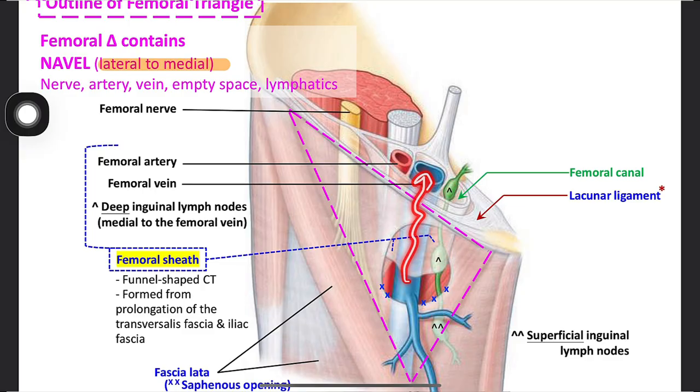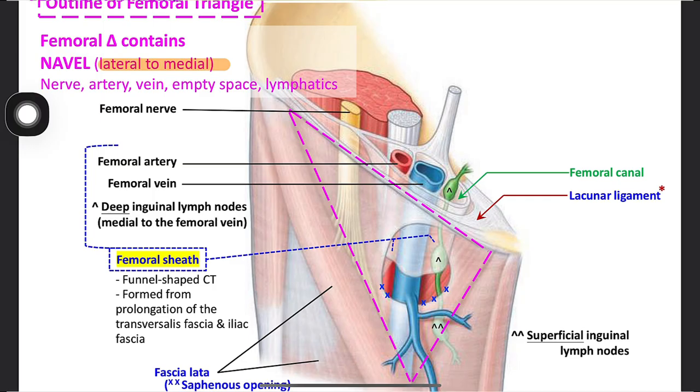Can you see that? I use the dotted line here to show you the femoral sheath, and within the sheath we have the artery, vein, and also the deep inguinal lymph nodes. They are all encircled by the femoral sheath. It's a funnel-shaped connective tissue, formed from prolongation of the transversalis fascia and the iliac fascia.